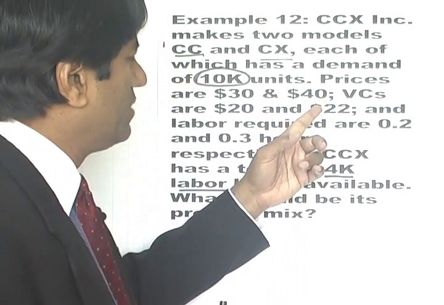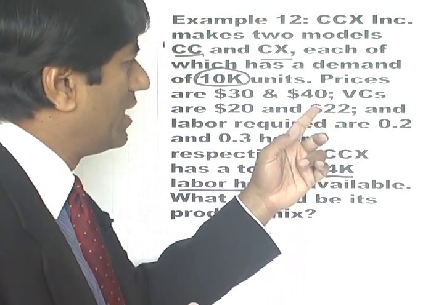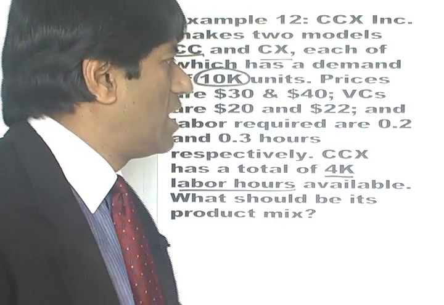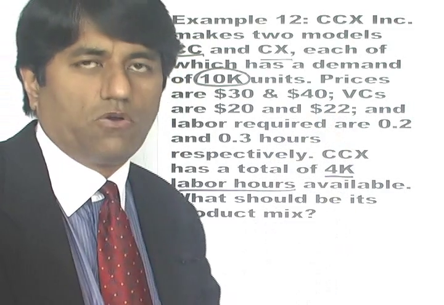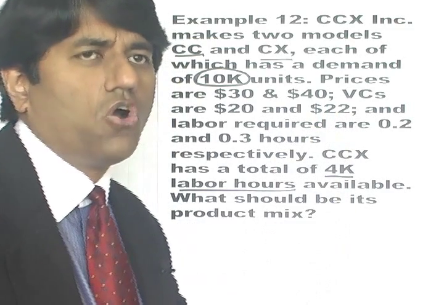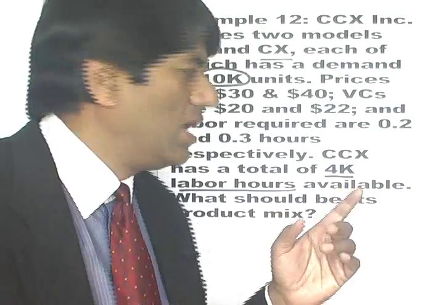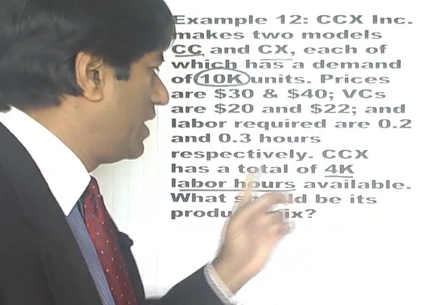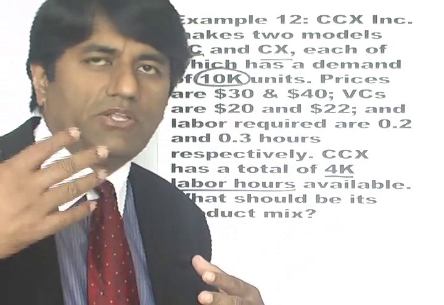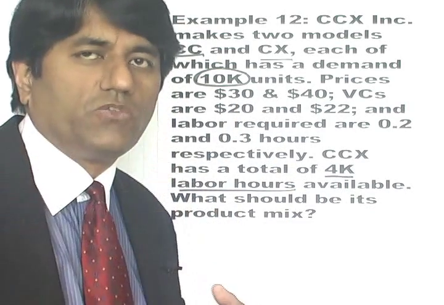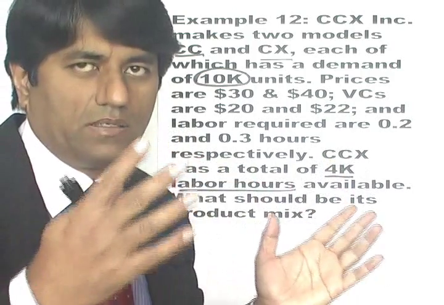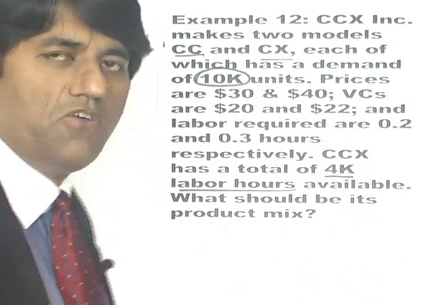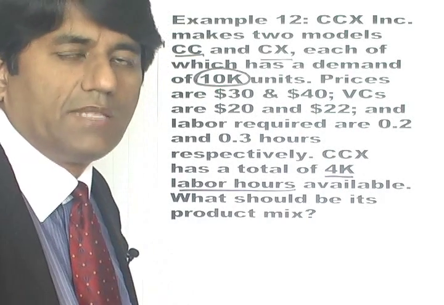And for every more unit of the second one that you produce, you get 40 minus 22, which is $18 more. So you want to produce as much as possible. However, labor must be the bottleneck. And if labor is not the bottleneck, then you should obviously produce 10,000 of each unit, which is the maximum demand, because the firm can't sell more than 10,000. So we are going to find out how much it can produce.